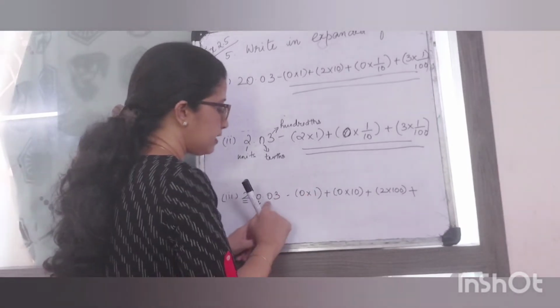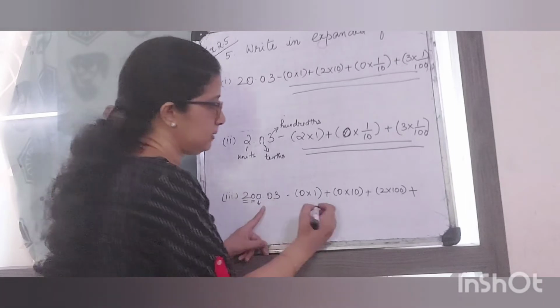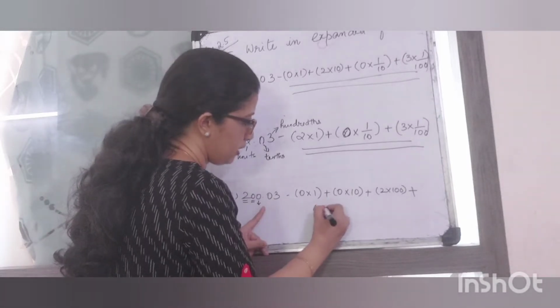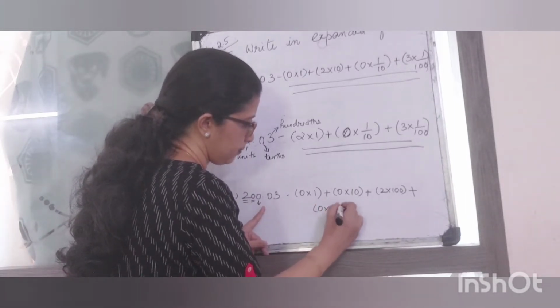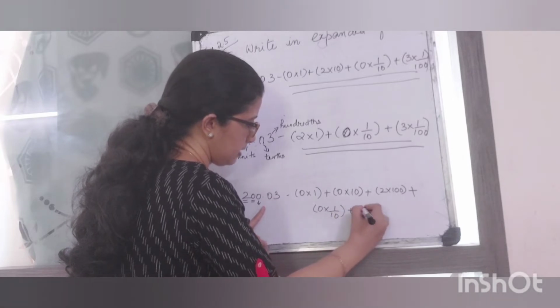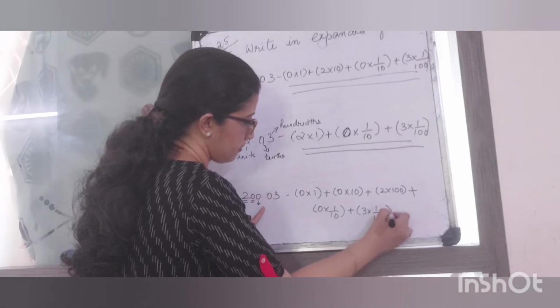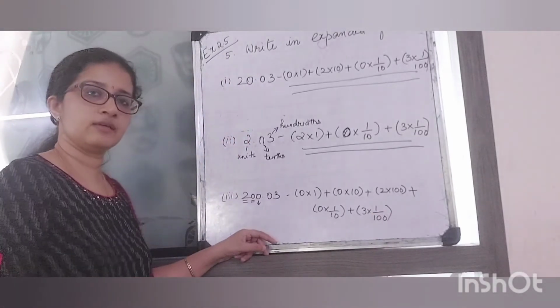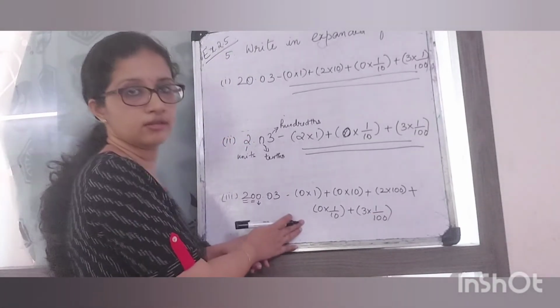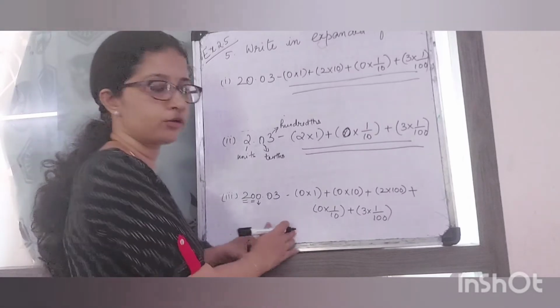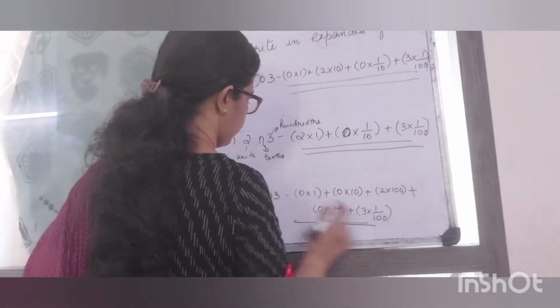The 0 is in the tenths position. So 0 into 1 by 10 plus 3 into 1 by 100. This is the answer. So clear about this? Okay, now we'll go on to the next problem.